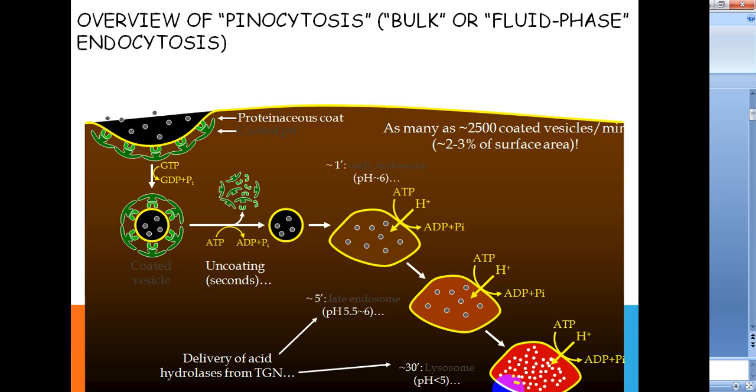Then these late endosomes merge with the lysosome, which are found after 30 minutes. Here the pH is less than 5. So here these molecules or foreign bodies are digested.